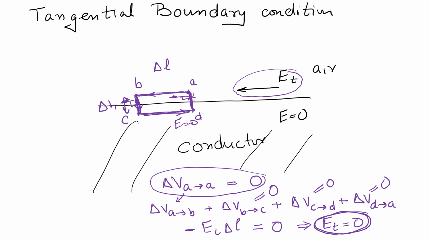This field, even in air, right at that boundary, has to be 0. The only field that can exist is a field which is normal.